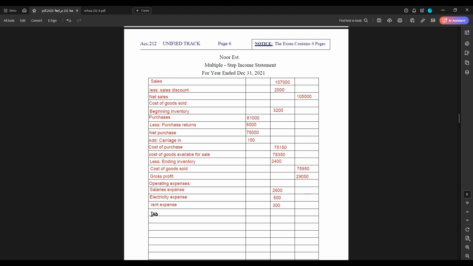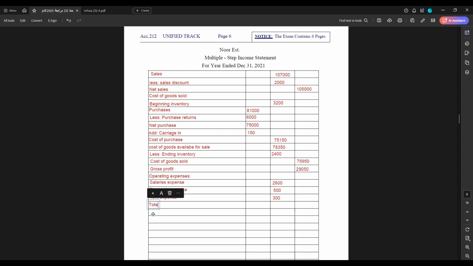The total, we'll write total operating expense. We'll add the expenses, will be 3,400.